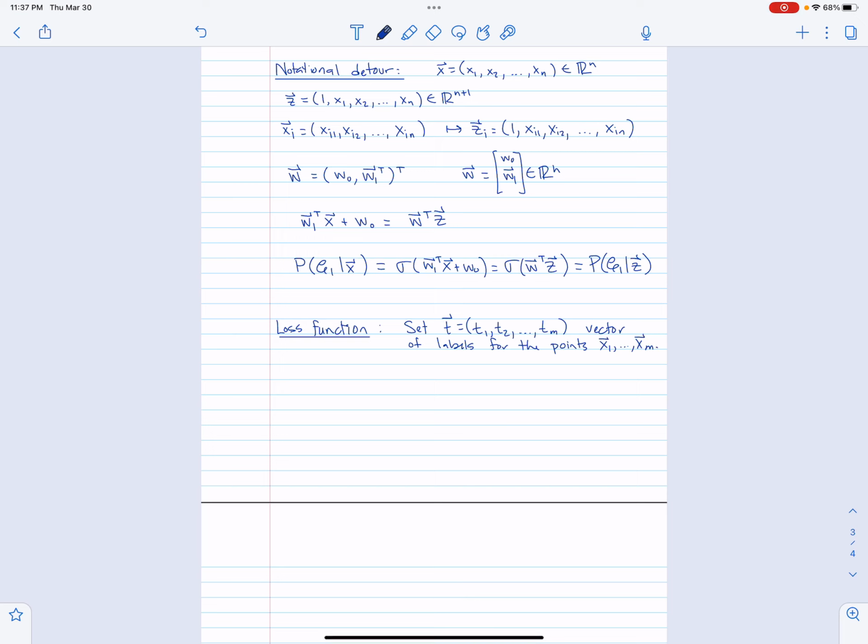Okay, so again, if xi lives in class C1, then t sub i is equal to 1, and if xi is in class C2, then t sub i is equal to 0. Okay.